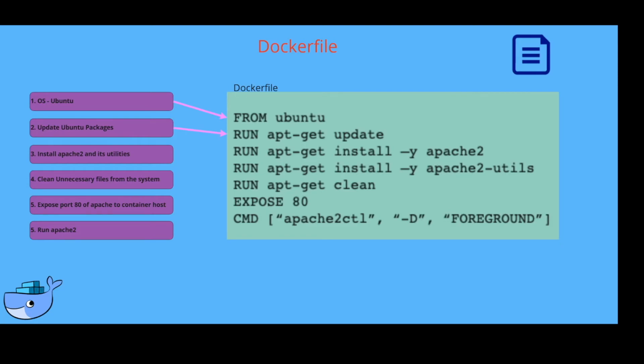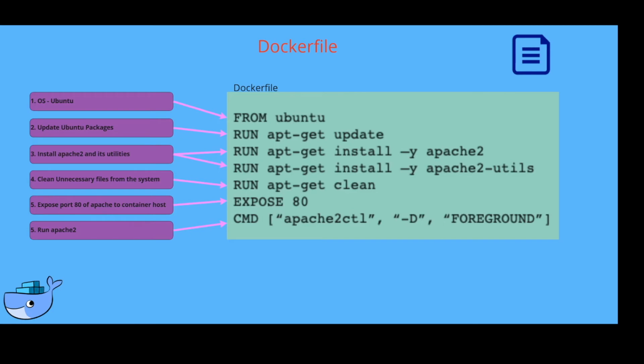We define it with RUN instructions. The third step was to install Apache and its utilities, and then subsequently clean the unnecessary files from the system. And then the step was to expose the web server port, which by default is 80, and then finally execute a command to run Apache.